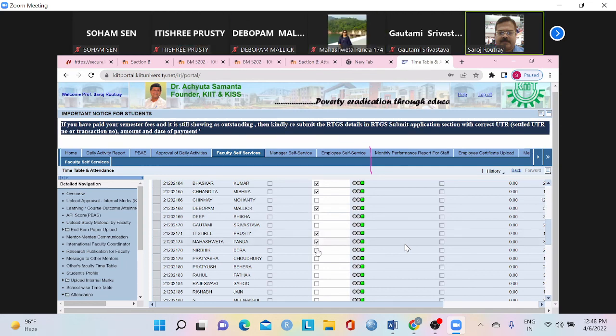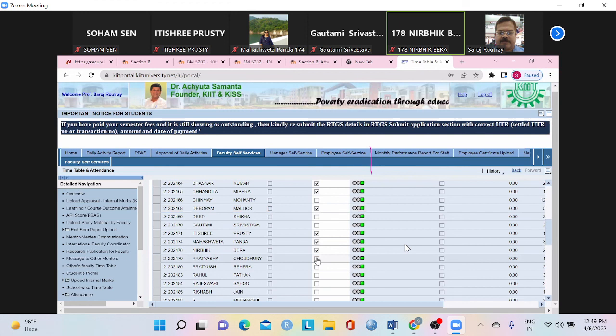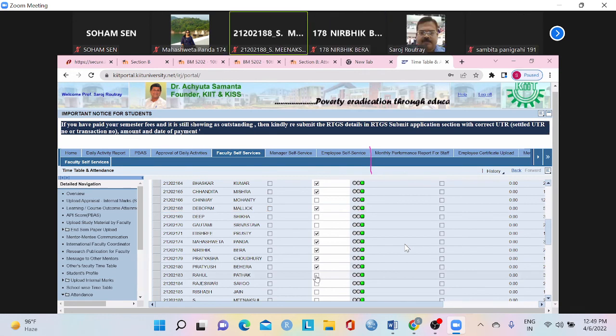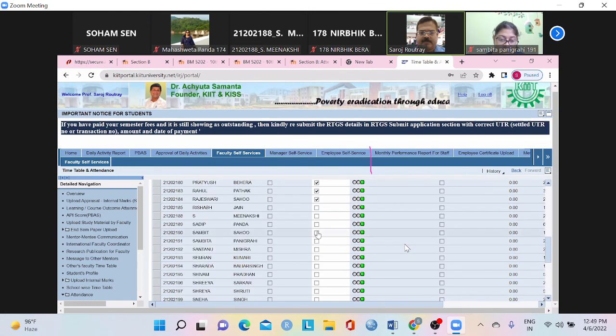Nirvik, yes, sir. Pratyasha, present, sir. Pratyush, yes, sir. Rahul, present, sir. Rajeshwari, present, sir. Rishabh, present, sir. Meenakshi, present, sir.